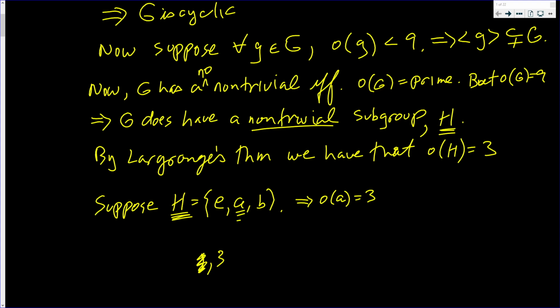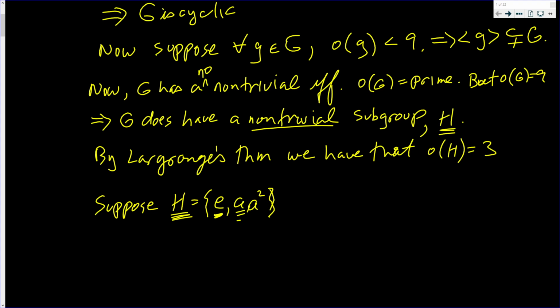And the order of A is not 1, since the only element in a group that has order 1 is E. Okay, the order of A is 3, and the order of B, I take that back. How about we say A and A squared? I apologize. H is equal to {E, A, A squared}.